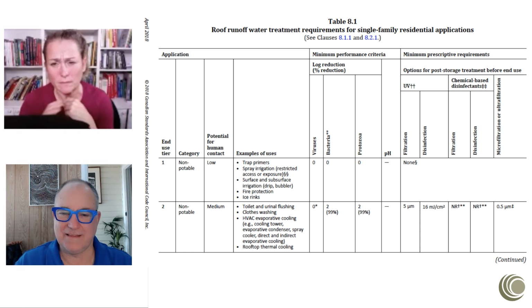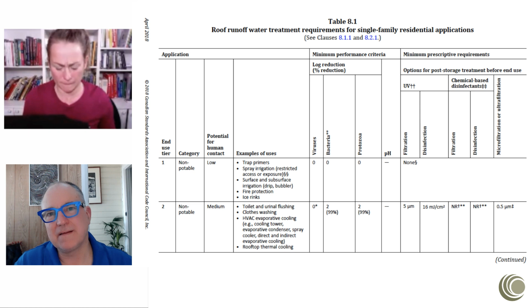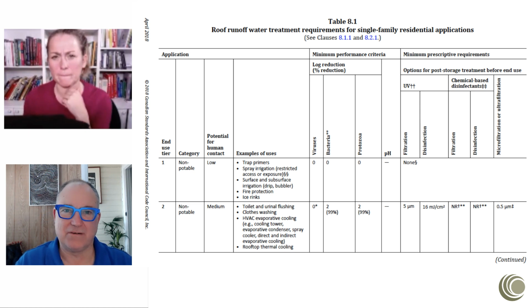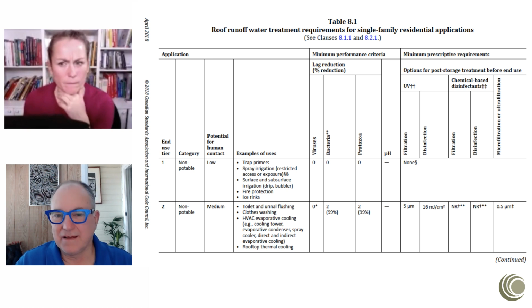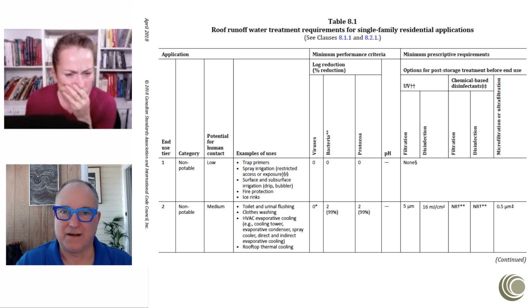Yeah, I agree, Michelle. If I could go back to the log reduction thing, say there's just one count of something. A log reduction of 1 is 0.1. And 2 log reductions is 0.01.